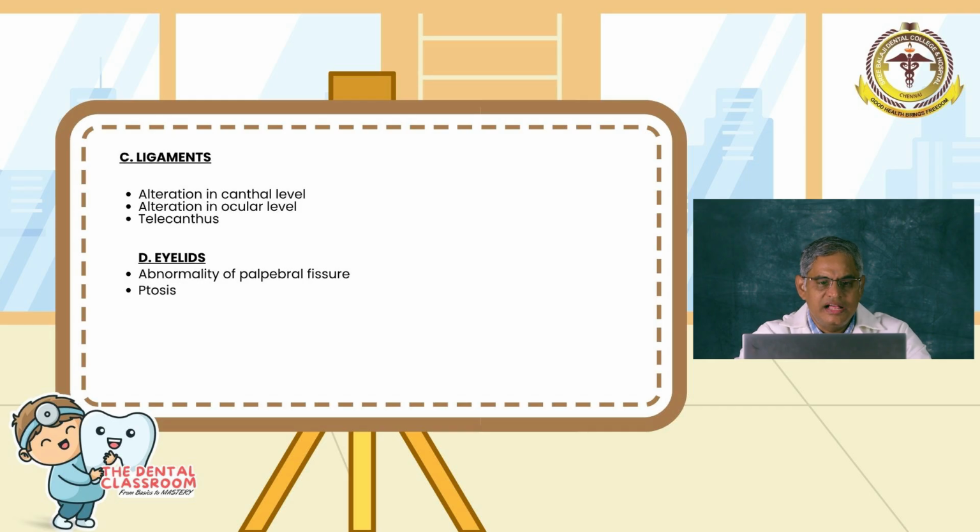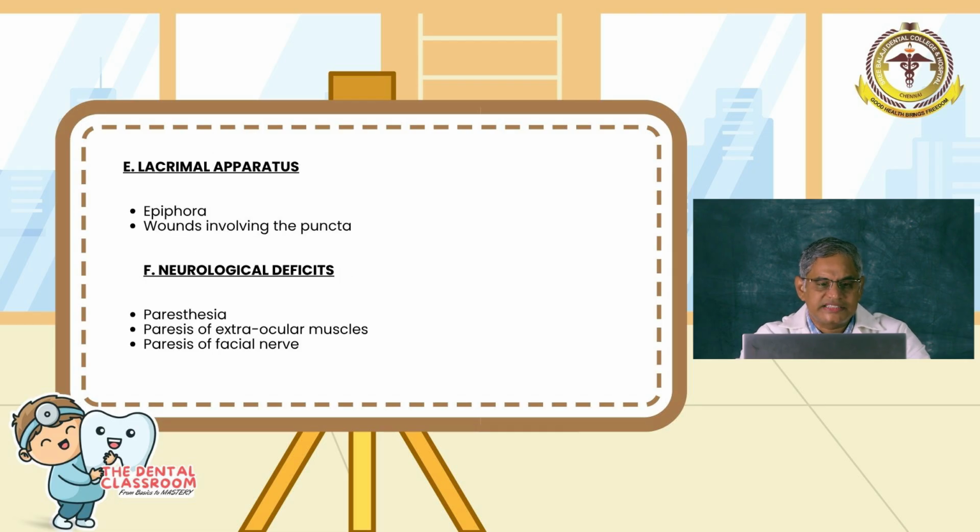Ligament tear causes alteration in canthal level, alteration in ocular level, telecanthus, eyelid abnormalities, palpable pressure and ptosis. Lacrimal apparatus involvement causes epiphora, wounds involving the punctum. Neurological deficits or paresthesia, involving the extraocular muscles and facial nerve.